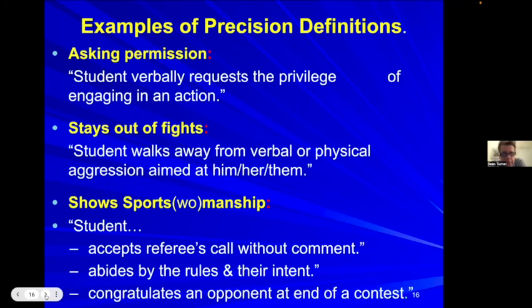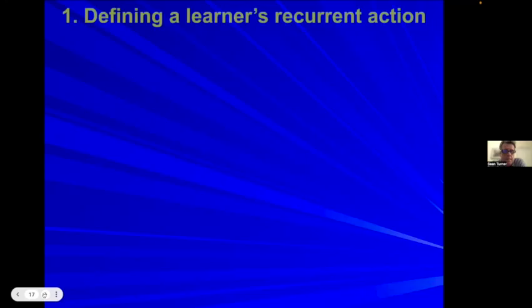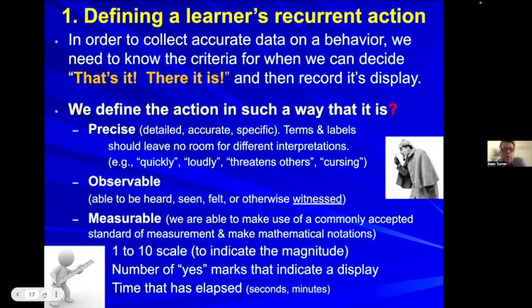So we have to be very precise in what we're talking about. In order to collect accurate data, we need to know the criteria for when we can decide that's it, there it is, and record. We define the action in such a way that it is precise. I just said that. Sorry to be redundant.